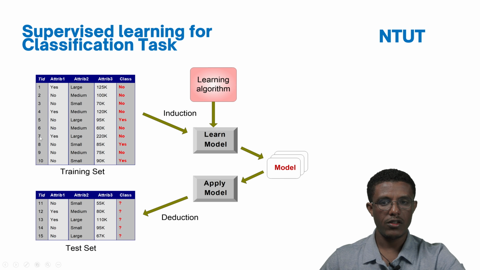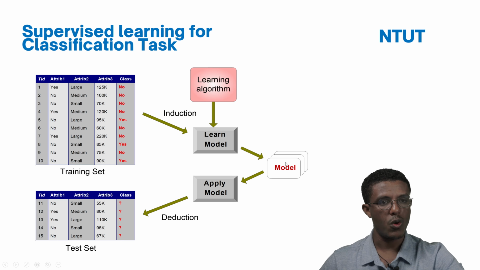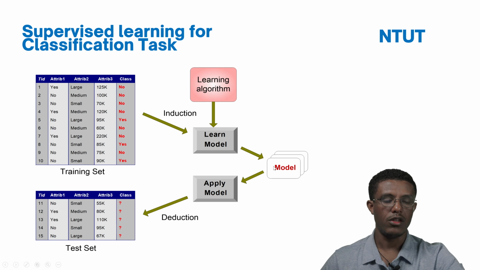In the training data set we know the class, but here we don't. So the classes for the test data should be predicted by the model. We don't need to identify the class ourselves. This task is done by the model.